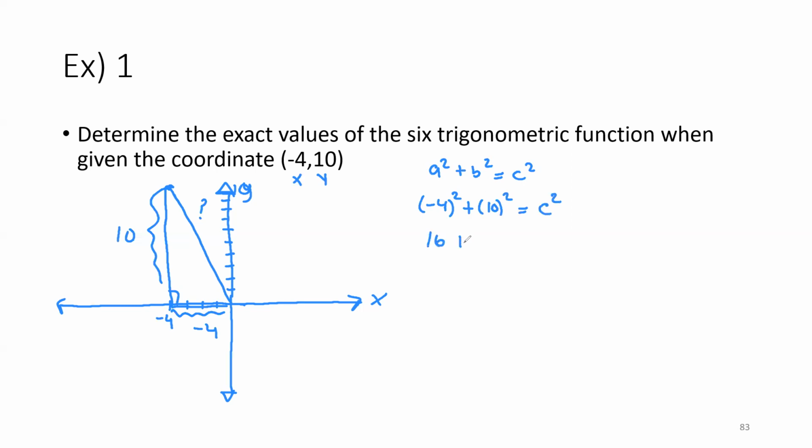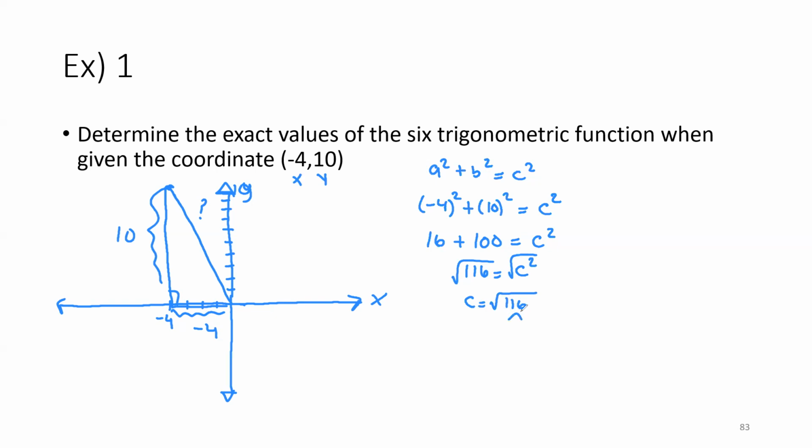So that's 16 plus 100 equals c squared, which is 116. Take the square root. So c is the square root of 116.